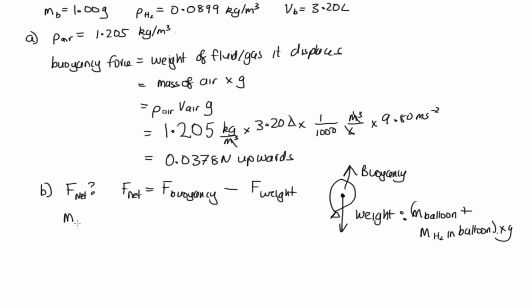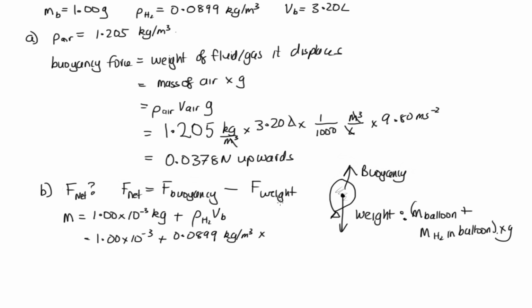So let's start by working out the weight force. And to do that, we're going to need to know the total mass of the balloon. So we've got the 1 gram. Let's do it in kilograms. So that's 1 times 10 to the minus 3 kilograms. But then we've also got the hydrogen gas inside the balloon. So the mass of hydrogen is going to be the density of the hydrogen times the volume of the balloon. So that'll be 1 times 10 to the minus 3 plus the density of hydrogen, which is 0.0899, and that's kilograms per meter cubed, times the volume of the balloon in meters cubed.